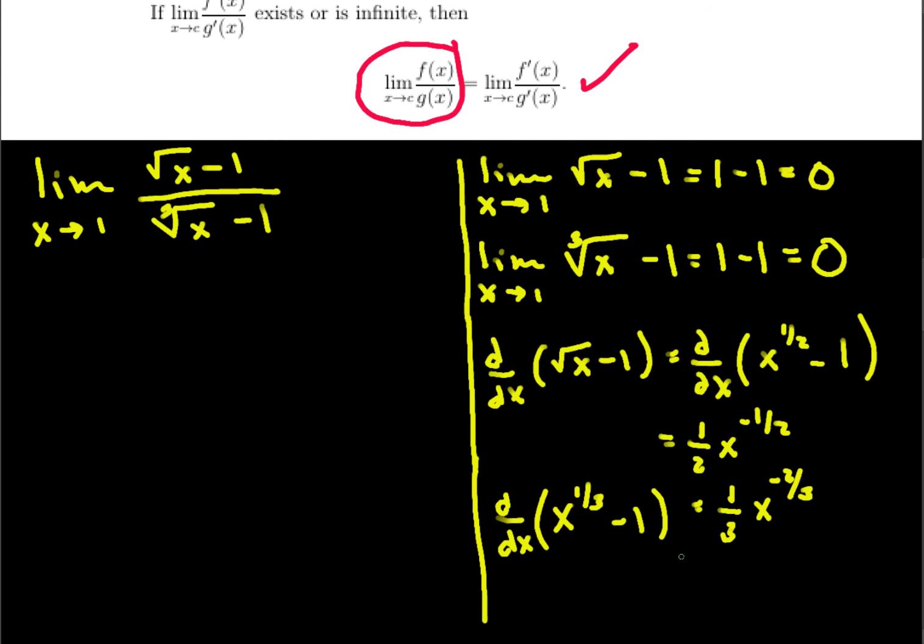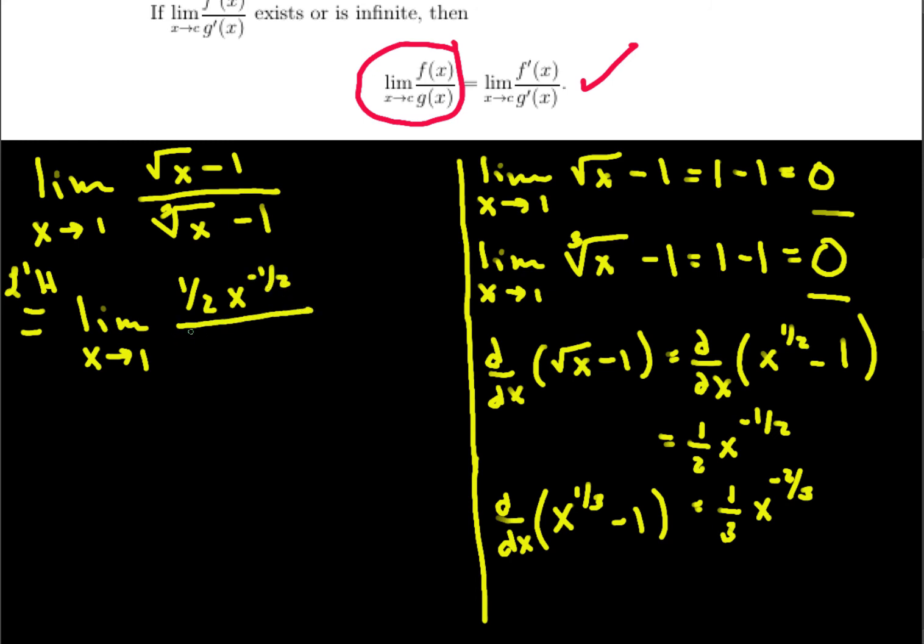Okay? And L'Hopital's rule says, if we've got an indeterminate form, the top's going to 0, the bottom's going to 0, then according to L'Hopital's rule, this is equal to the limit as x approaches 1 of the derivatives. So 1/2 x to the minus 1/2 divided by 1/3 x to the minus 2/3.